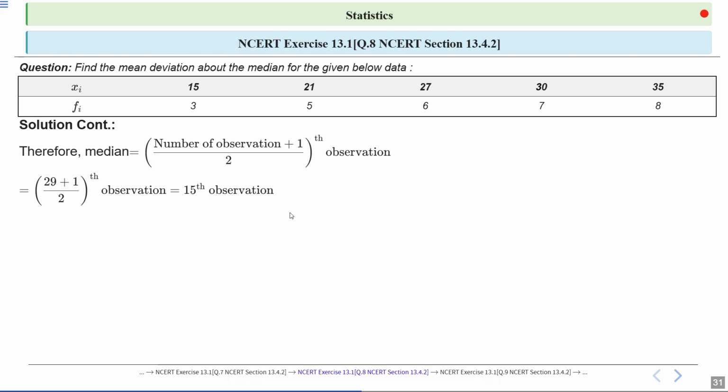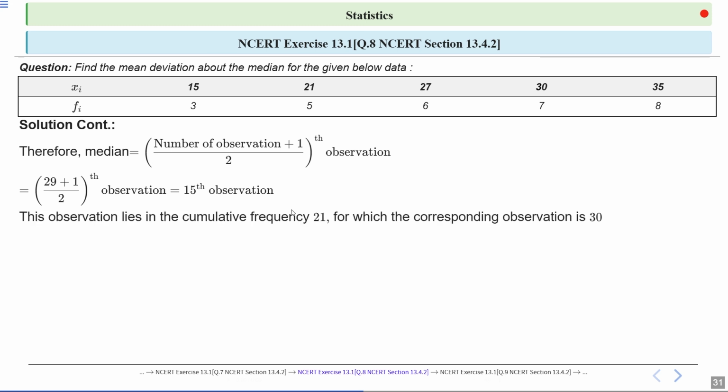Now let's try to find which number is the 15th observation. This observation lies in the cumulative frequency 21, for which the corresponding observation is 30. Therefore, the median of this data set is 30.